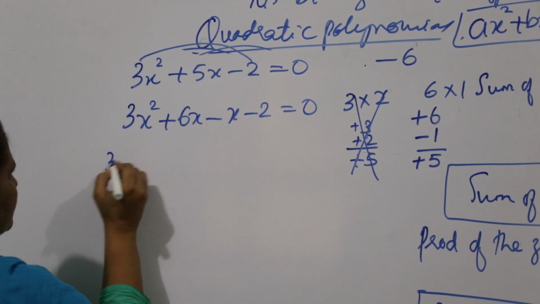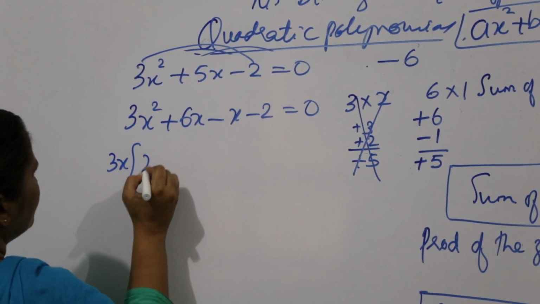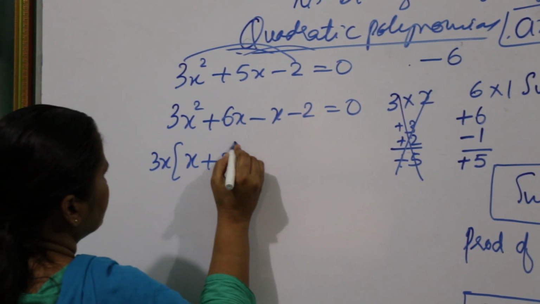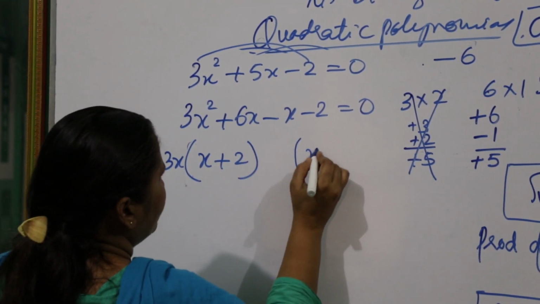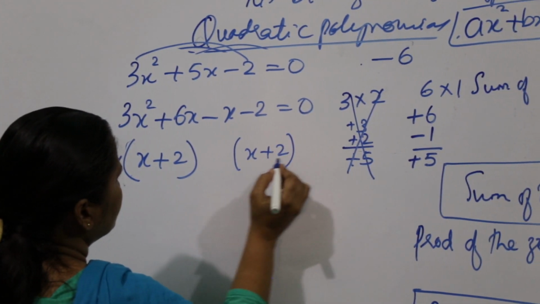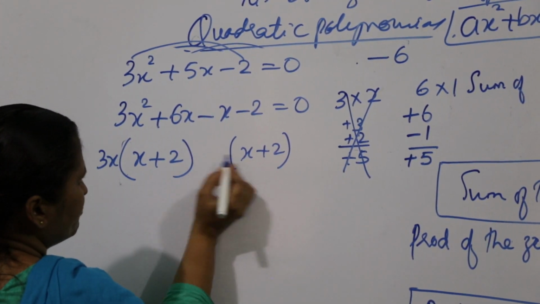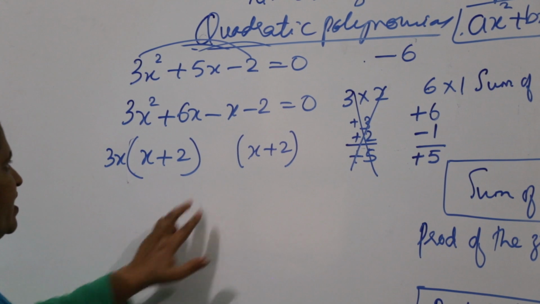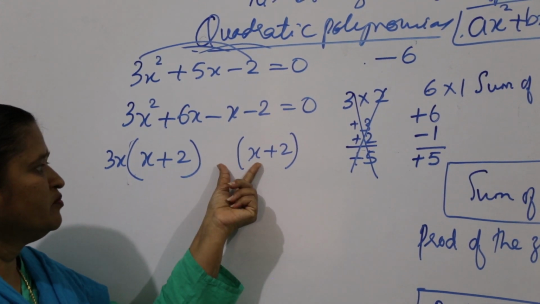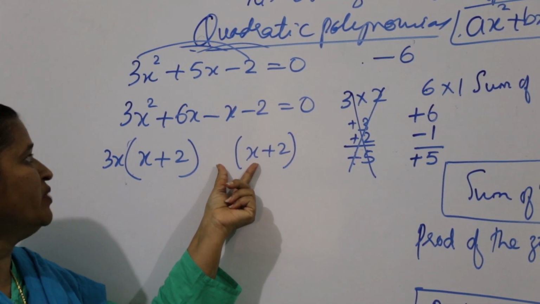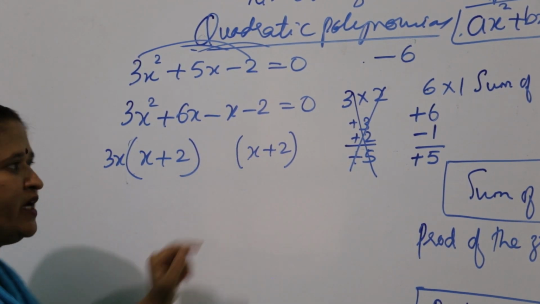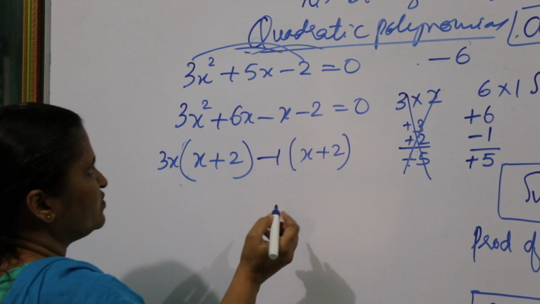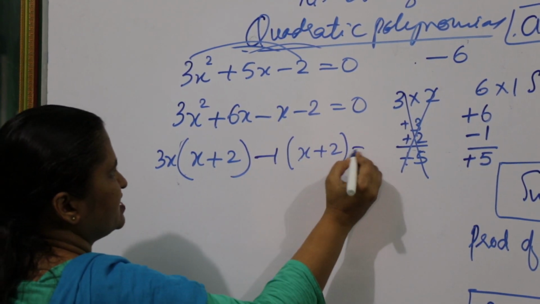Let's take common factors out. We're left with x plus 2. Then x plus 2 is multiplying by what number to get minus 6? X should be multiplied by minus 1, then we get minus 6.